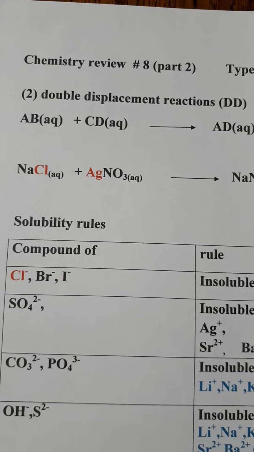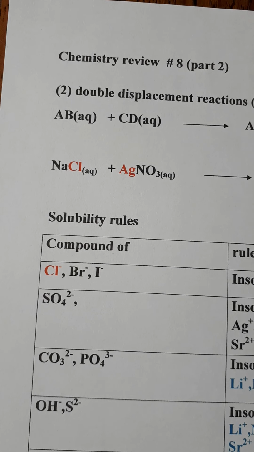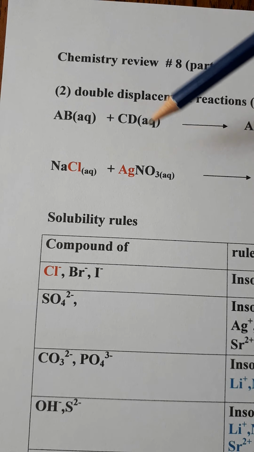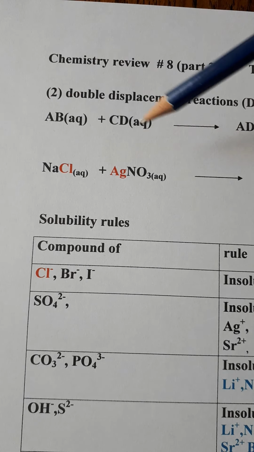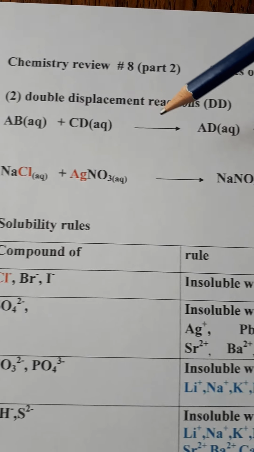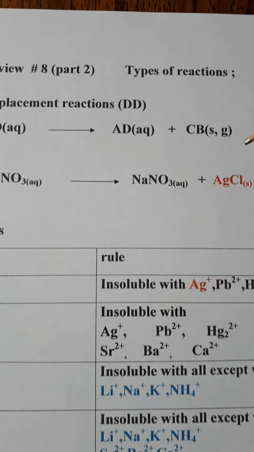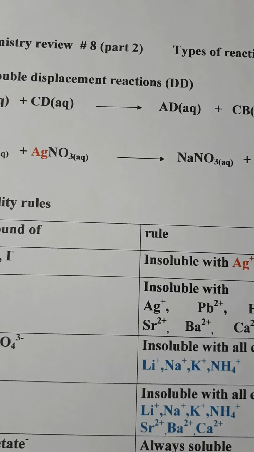Now, in these reactions, we are mixing two solutions, AB and CD, and we are getting AD and CB as products. What is the reason for this order?